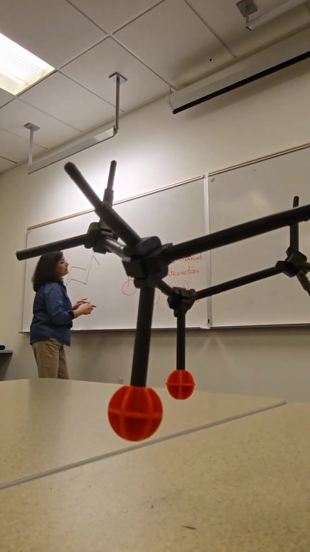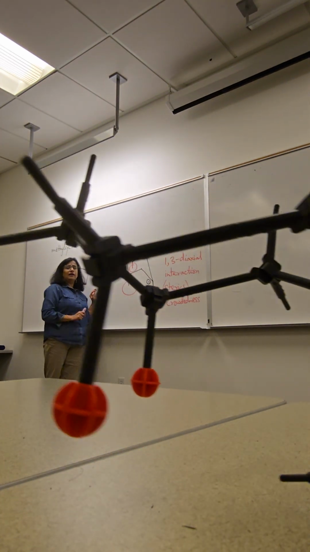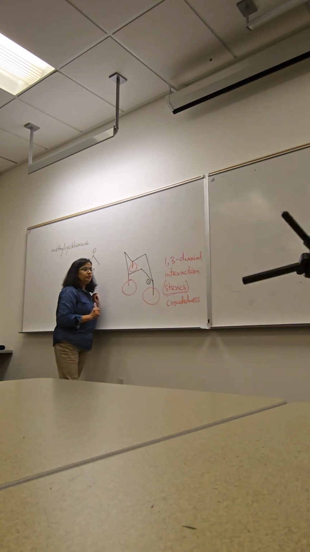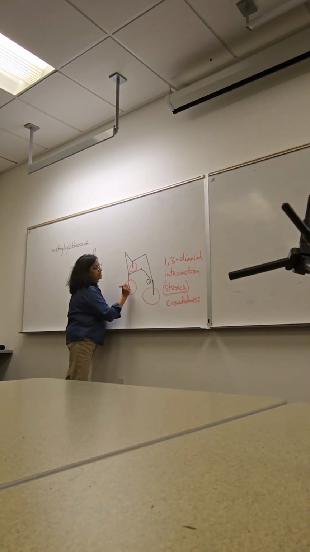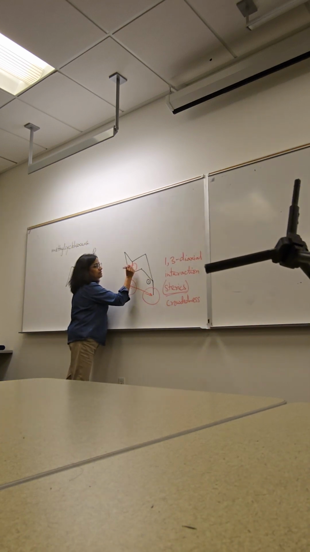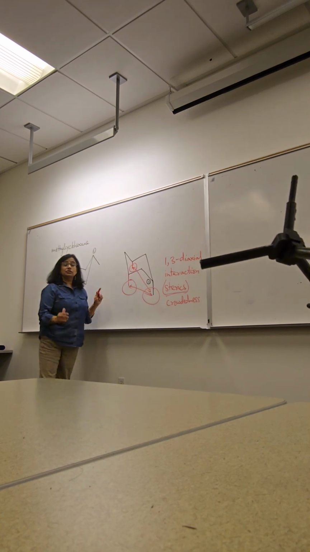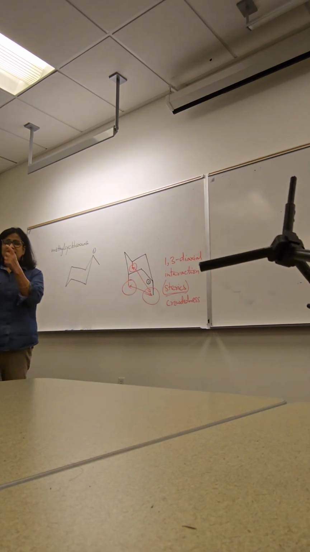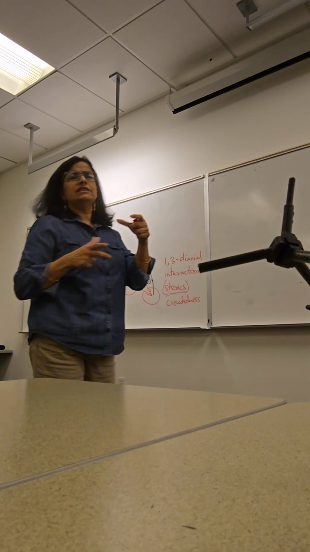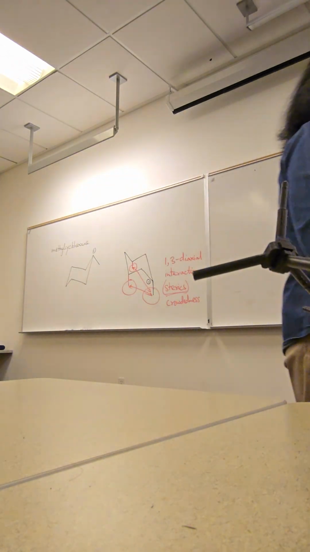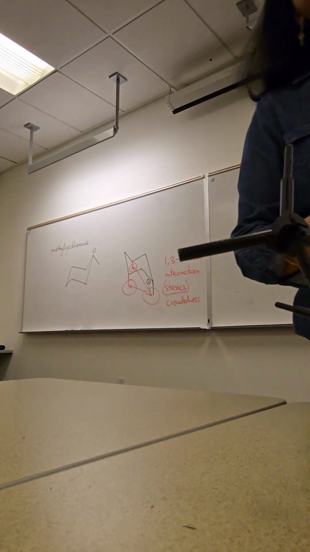So the axial position is less stable than the equatorial position because axial positions have these what we call 1,3 diaxial interactions in space, which makes that position not as favorable. Equatorial position does not have that issue at all.